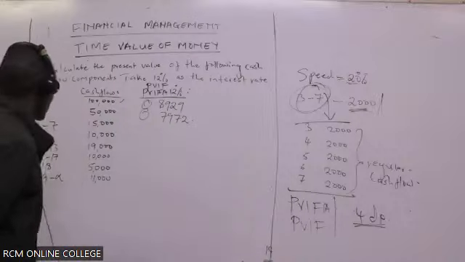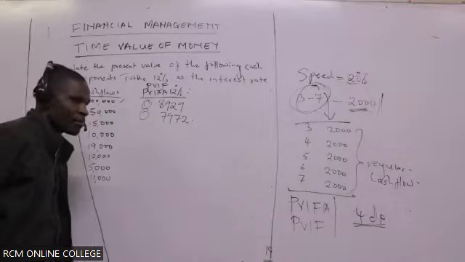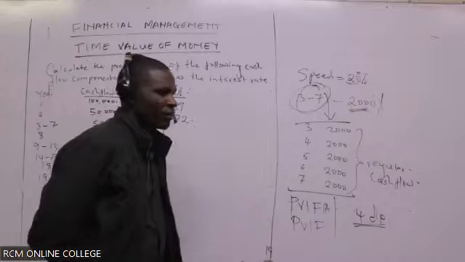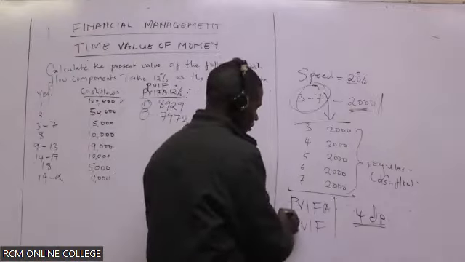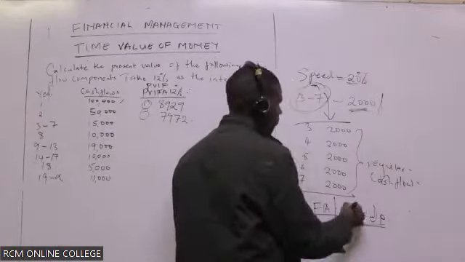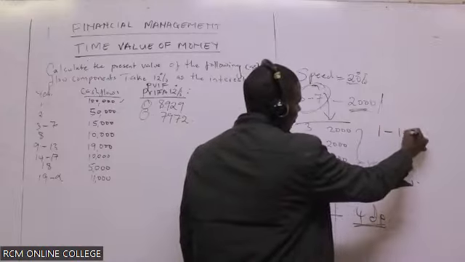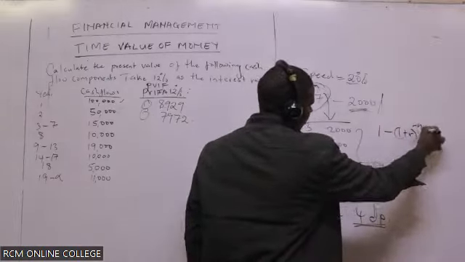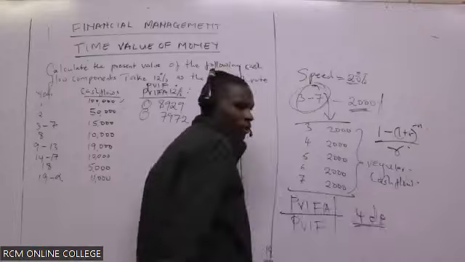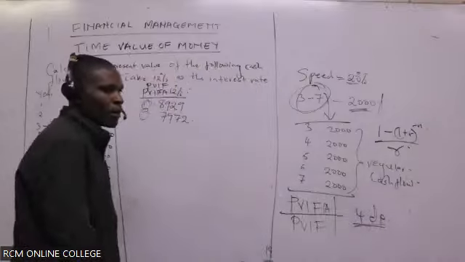Then we go to the next one, 3 to 7. Remember that is a range. It falls on the regular, which is PV for 1 minus (1 plus R) negative N divided by R. So nipatieni, napewa na Naomi.